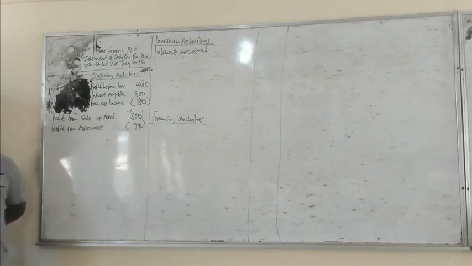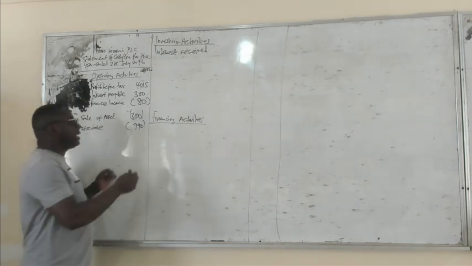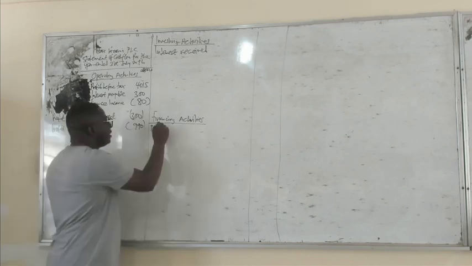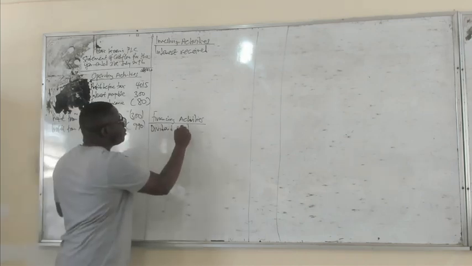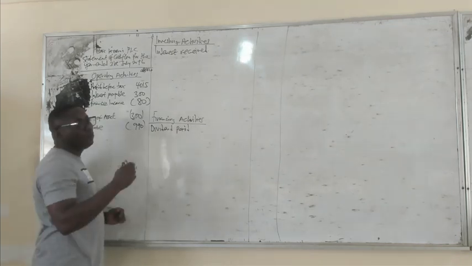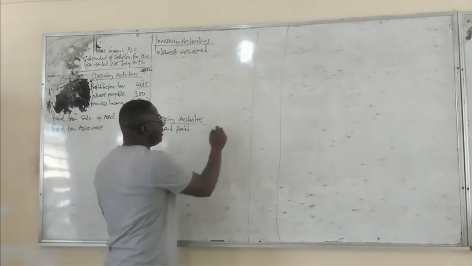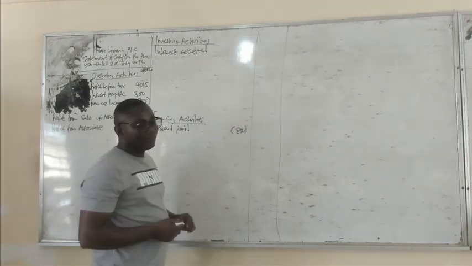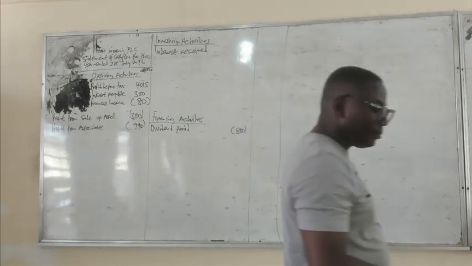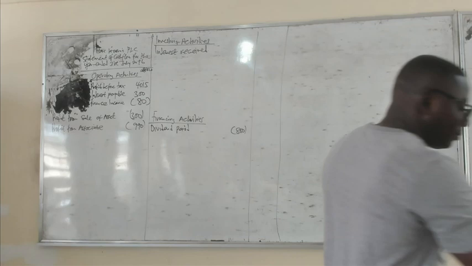Profit attributable to members of the parent company. Dividends paid. This is the actual dividend paid, which is a financing activity, so we write it here. You are not supposed to finish with operating before you move to investing or financing. What was the dividend paid in the form of cash? 800. So you write it here. Let's move on. What's next?